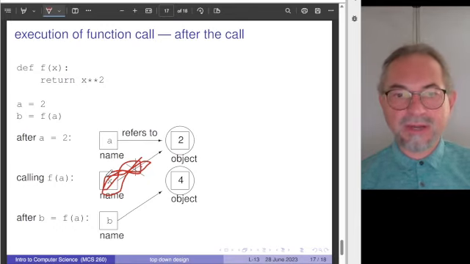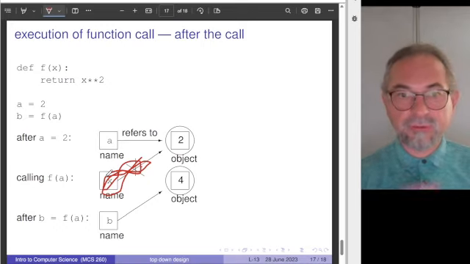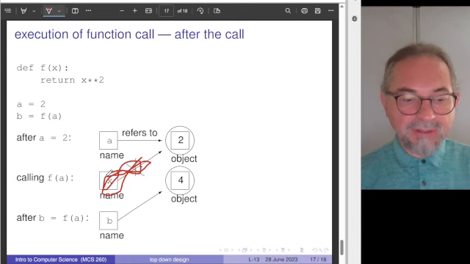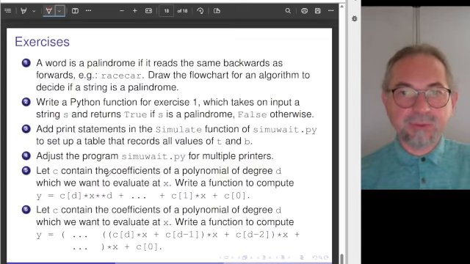So I can wipe it out. The 2 still exists, so I can still refer to the 2 via the name a. I have a new object 4 that now can be accessed via the name b. Okay, I spent half an hour on this, so the topics in the lecture are important.